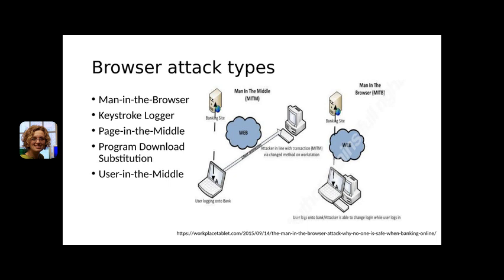The first one, man in the browser. So a Trojan horse that intercepts your data could be planted in your browser. One of the most famous ones is the Silent Banker, which even authentication cannot protect you from.